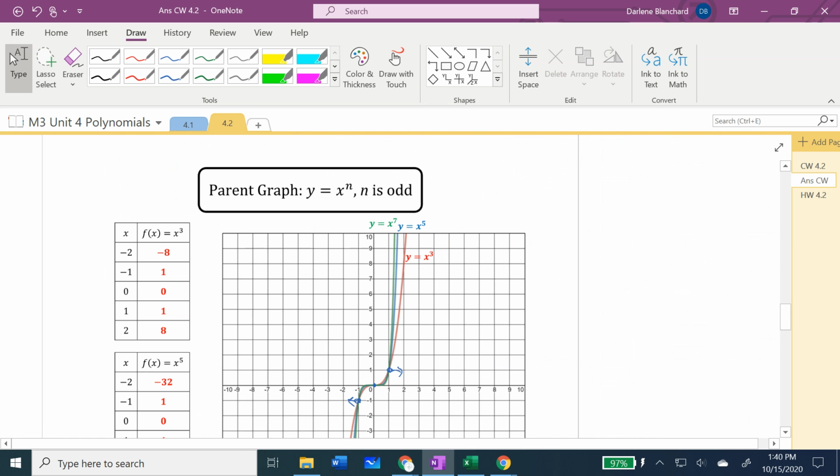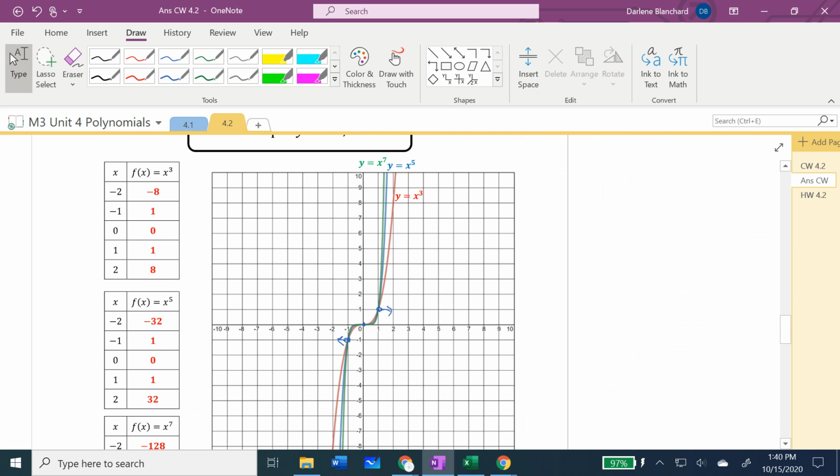Now, what is the most important thing that I want you to take from this? When you have x to an odd exponent, if I go left to right, it comes up out of negative infinity and then gets to the x-axis, it kind of wiggles. It goes, wee!